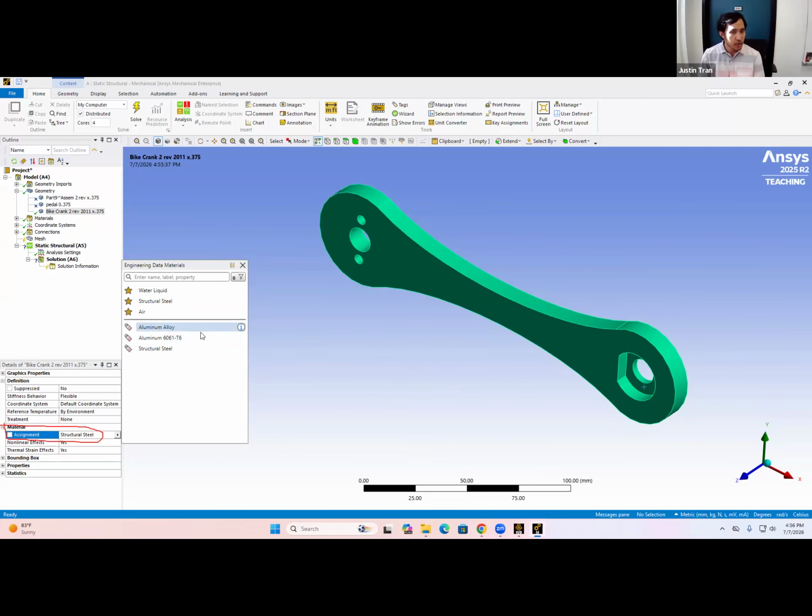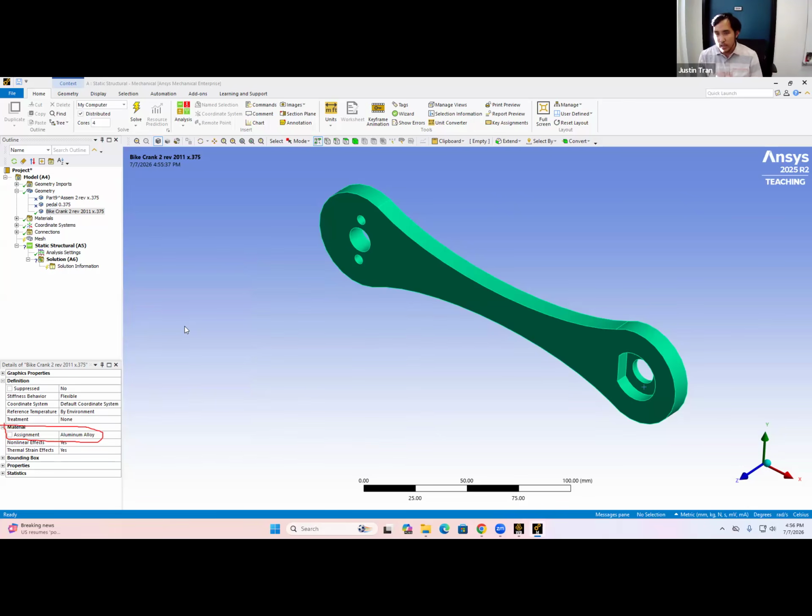For this one, it doesn't really matter. They are actually slightly different from each other. I actually forgot to check that. But they are very similar. So aluminum is aluminum. I'm going to click on aluminum alloy because that's the one that's within ANSYS itself. But feel free to choose whichever one you like, as long as it's one of the aluminums and not structural steel.